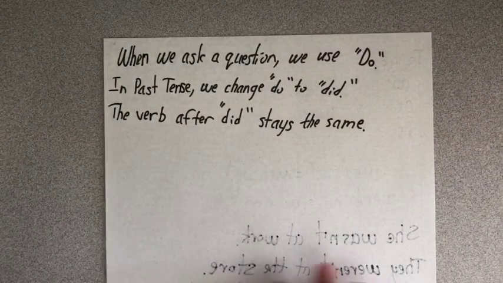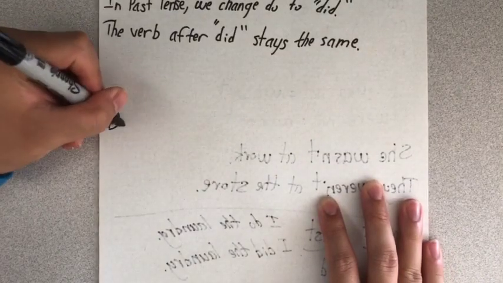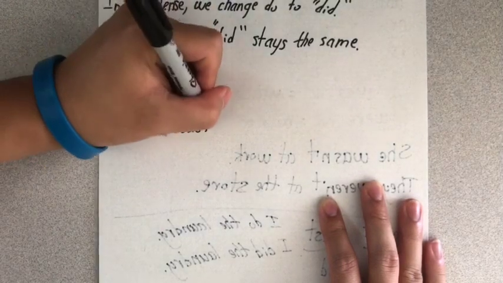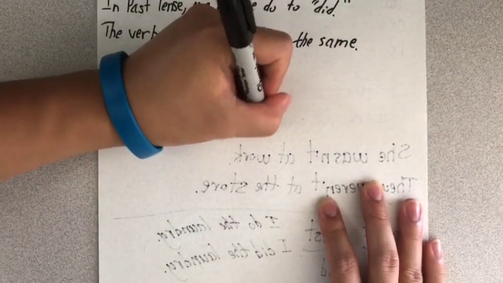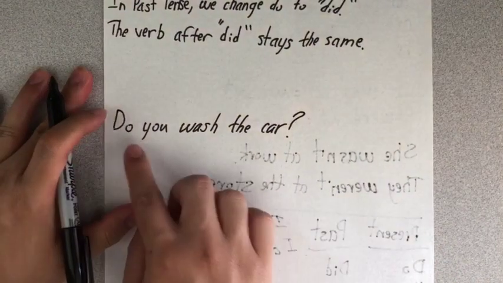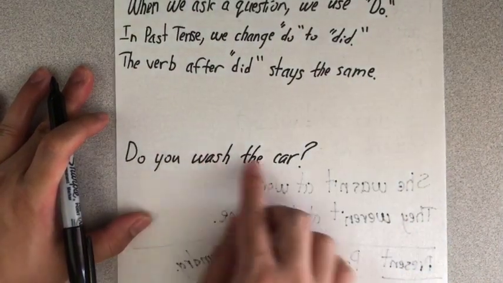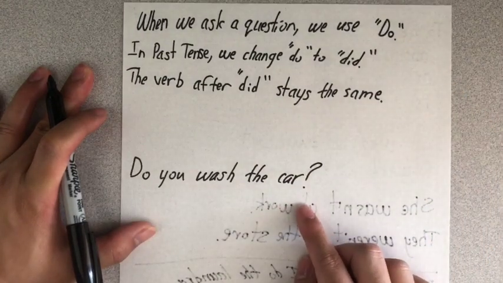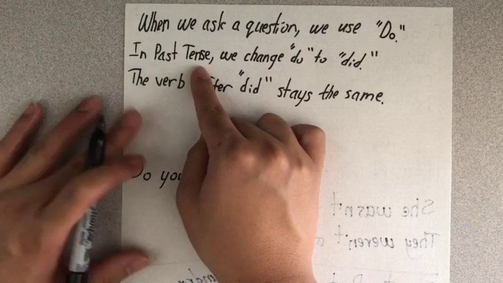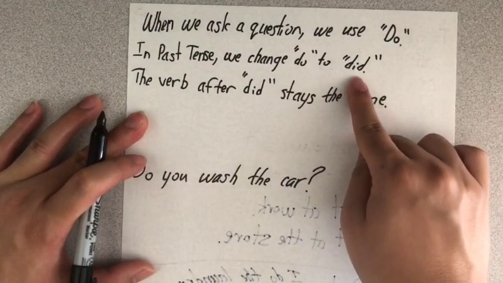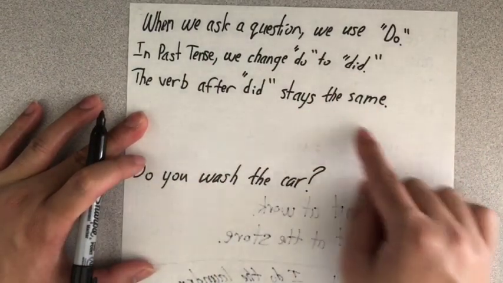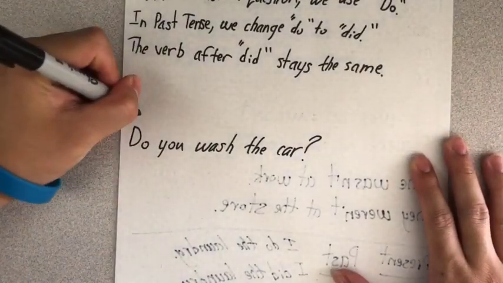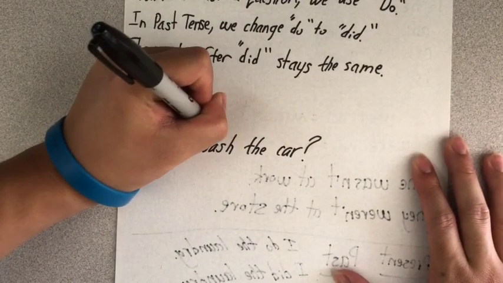Okay, so when we ask a question, we use the word do. So if I have a question, I can ask, do you wash the car? When we ask a question, we use the word do. In past tense, we change do to did. The verb after did stays the same. So in this sentence, this is verb number 1 and this is verb number 2.